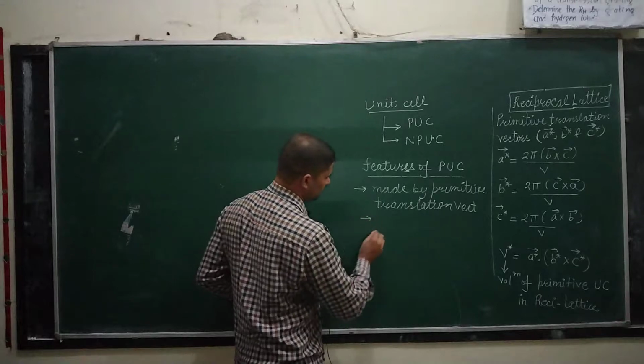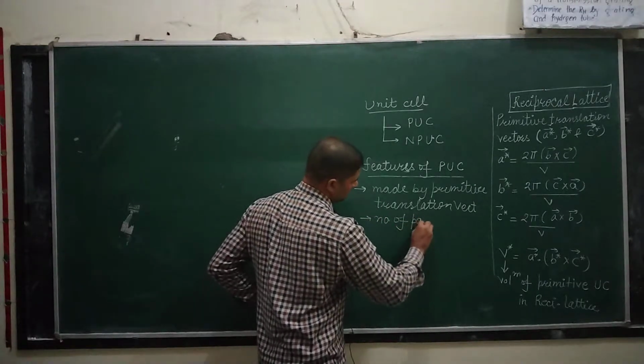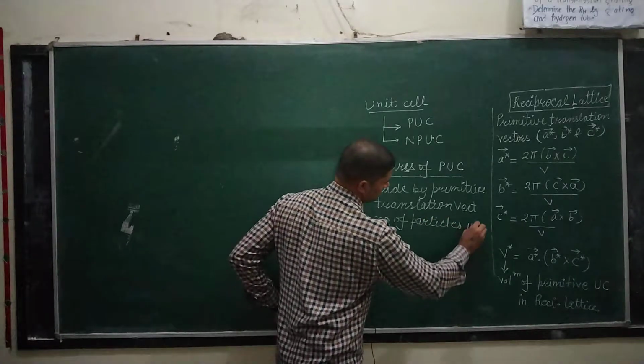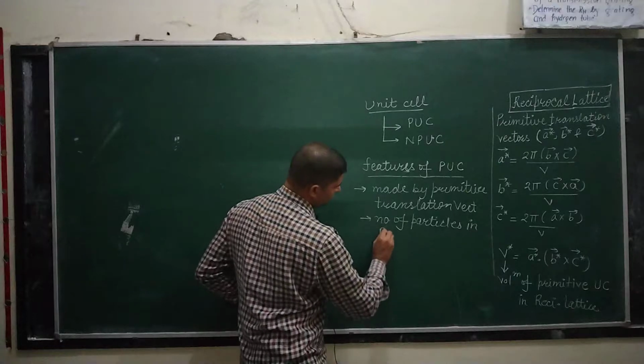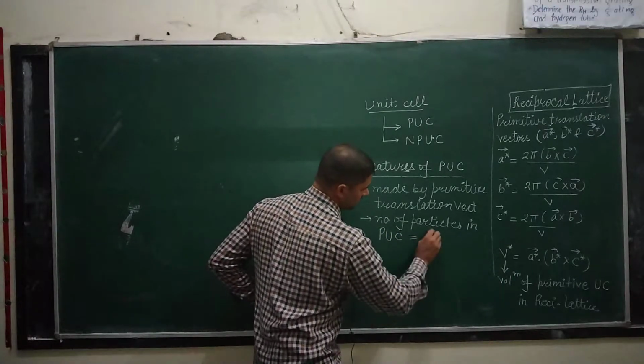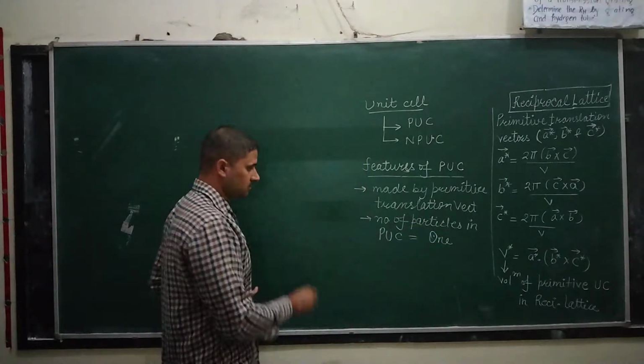The second point is the number of particles in a primitive unit cell, that is 1. You need to keep that in mind.